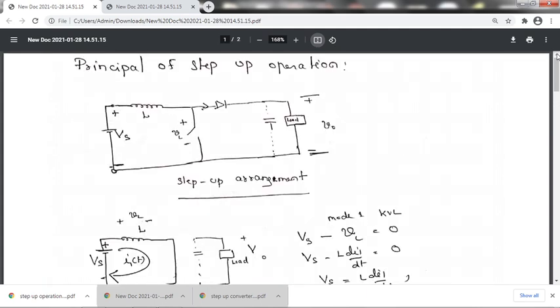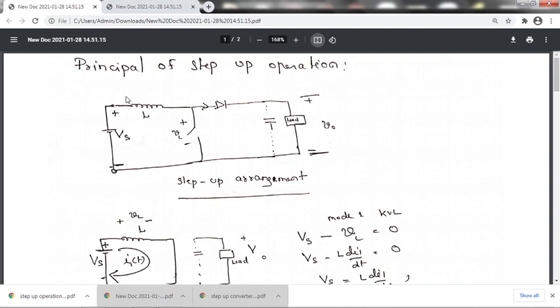So simple here. What happens when you close a switch? The energy which is there in Vs is given to the inductor. So EMF is induced. The actual sign of the EMF is plus and minus on this side. Later when you open this, the sign reversal of EMF takes place.